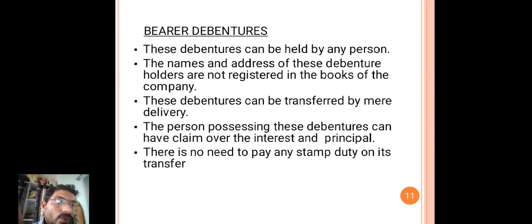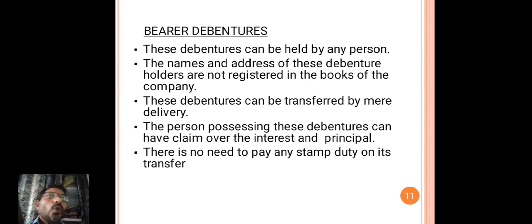Here, the bearer debenture holders need not pay stamp duty. The person who possesses this document, or this debenture certificate, can have claim over the interest and principal.